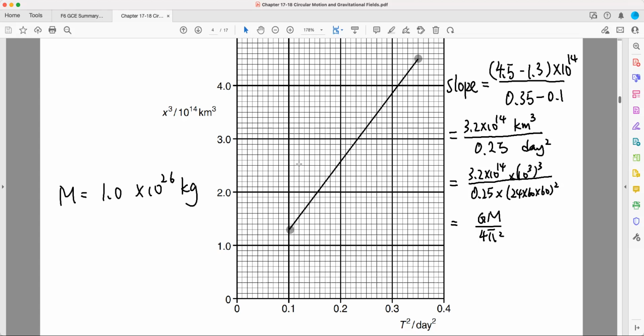Why is this a strange number? You do the middle step. Oh, the gradient. But the gradient is just 1.71 times 10 to the power 14. And then you times 4 pi squared divided by G, then you get the mass of Neptune.